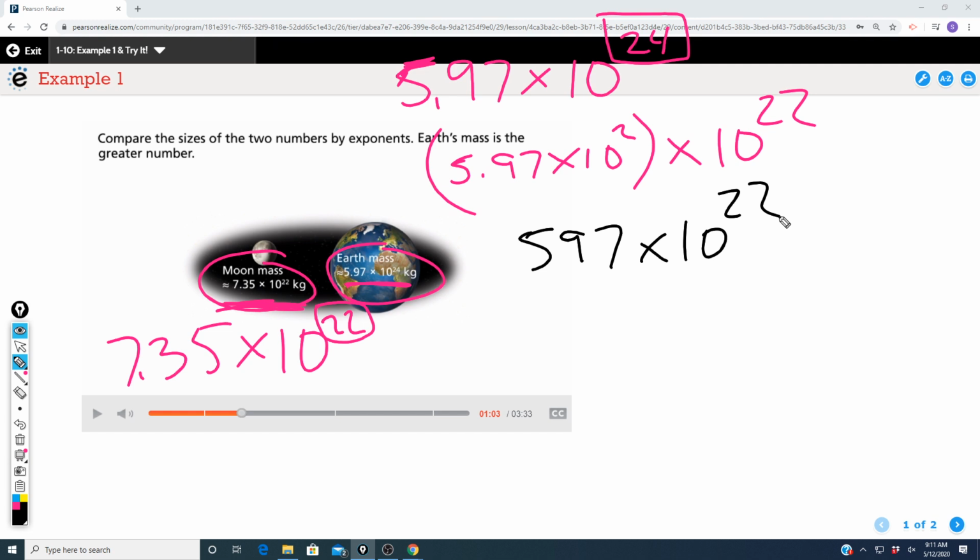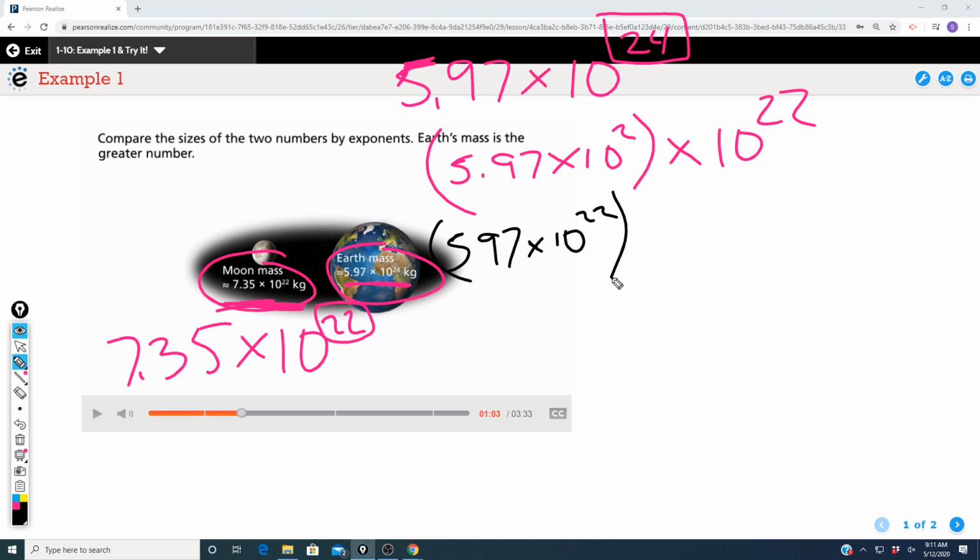Let me move this over. I wrote a little too big. It's 597 times 10 to the 22nd minus, now we can put the Moon's mass of 7.35 times 10 to the 22nd. Here comes the next part.